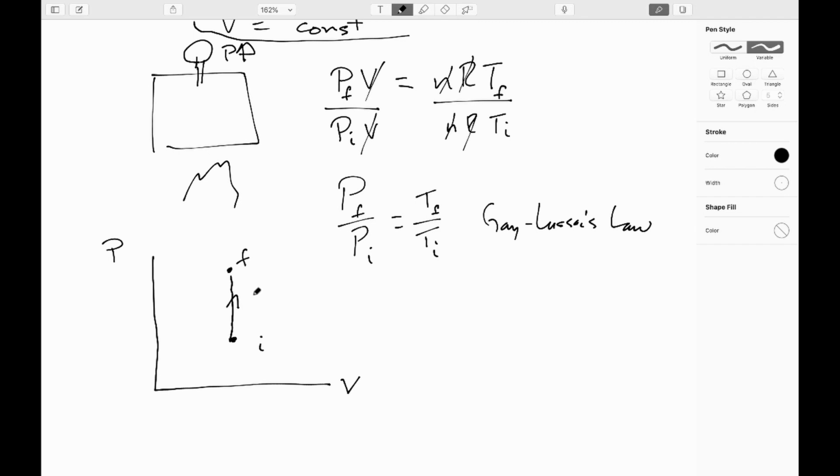So here, because the volume never changed, this isochoric heating is going to look like a vertical line pointed up. If we're in isochoric cooling, if say we stuck the whole thing in an ice water bath to take heat out, that would be an arrow pointing down.